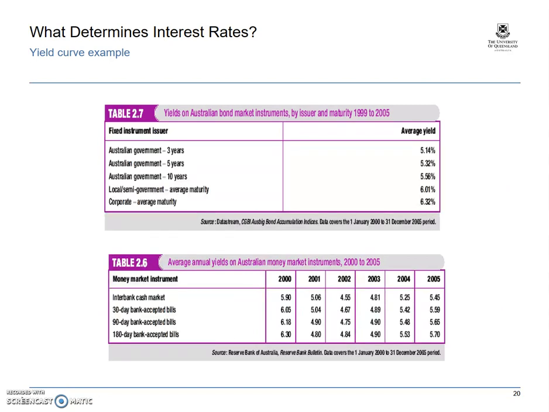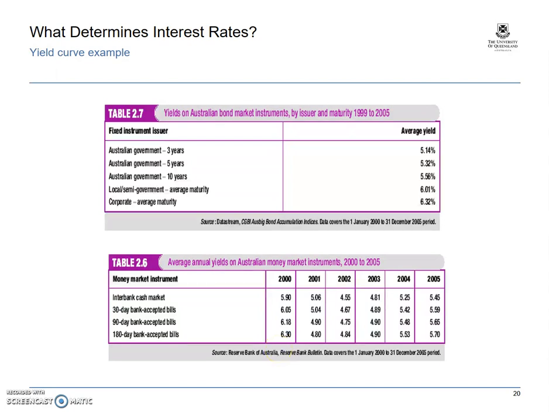The yield curve is basically looking at this term structure. What is the average yield for Australian government bonds 3 years out? What's the Australian government bond 5 years out? What's the Australian government bond 10 years out?